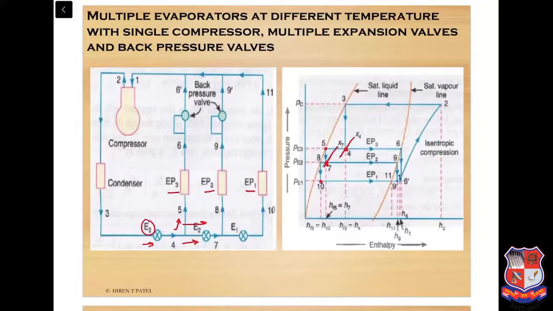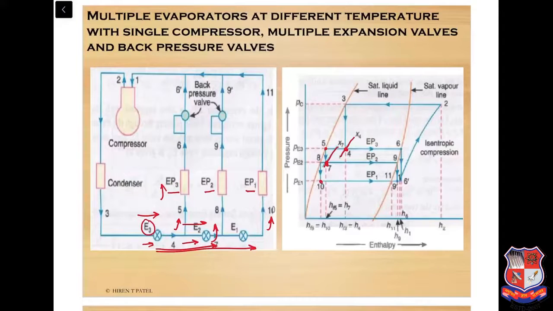After 3 expansions, the refrigerant passes to the first evaporator. After 2 expansions, refrigerant is passing to the second evaporator, and after only 1 expansion, the refrigerant passes to the third evaporator. So the major difference is in temperature.